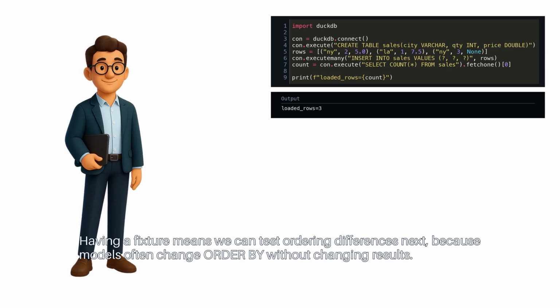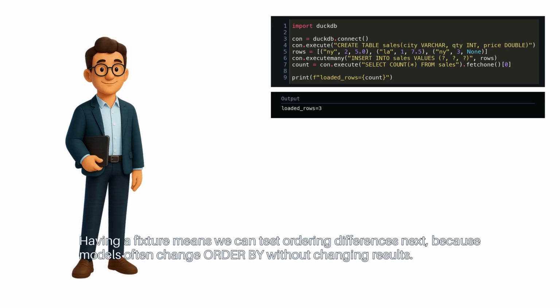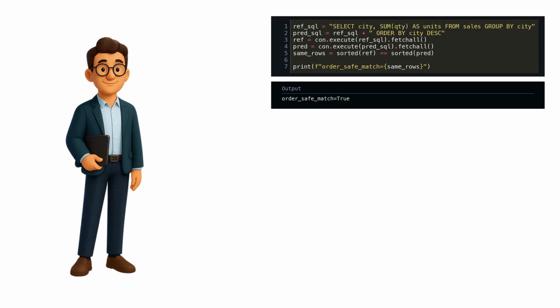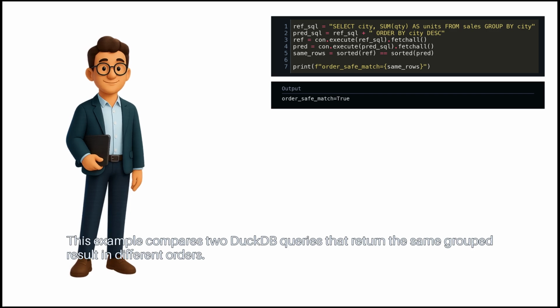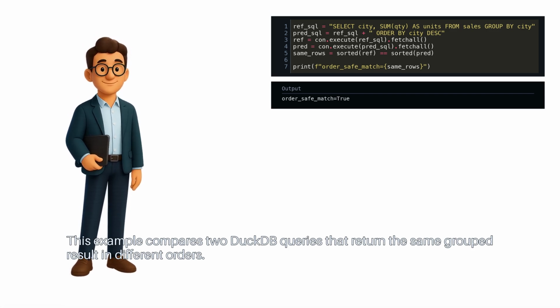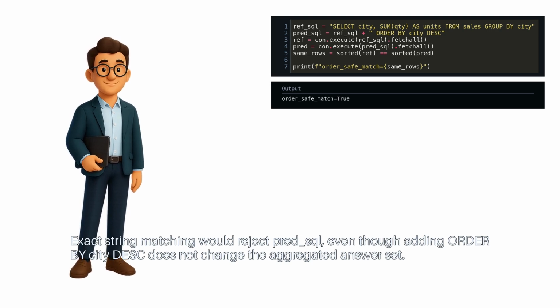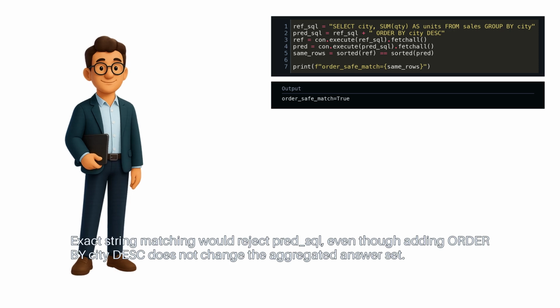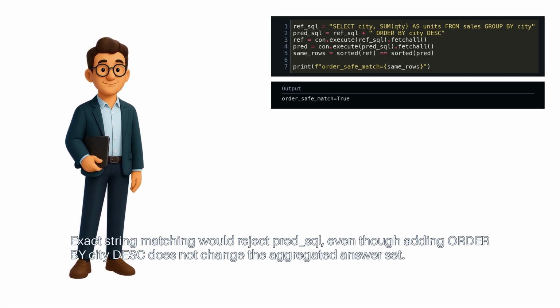Having a fixture means we can test ordering differences next, because models often change ORDER BY without changing results. This example compares two DuckDB queries that return the same grouped result in different orders. Exact string matching would reject pred SQL, even though adding ORDER BY city DESC does not change the aggregated answer set.